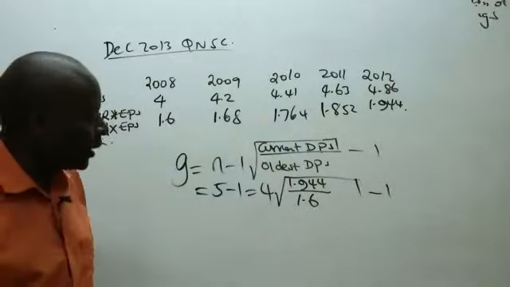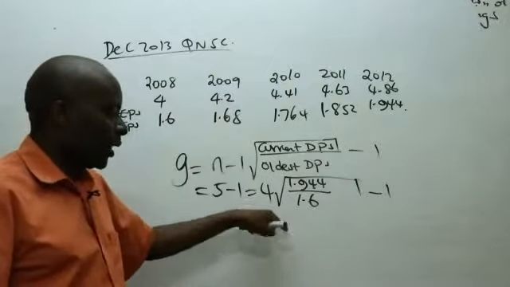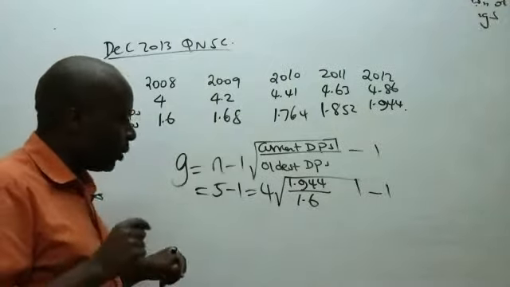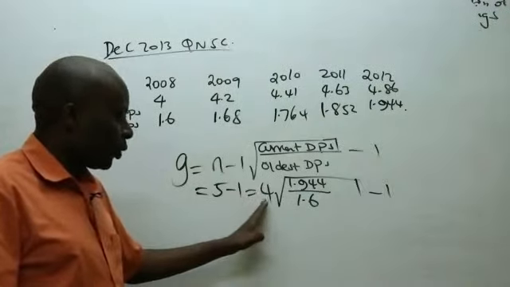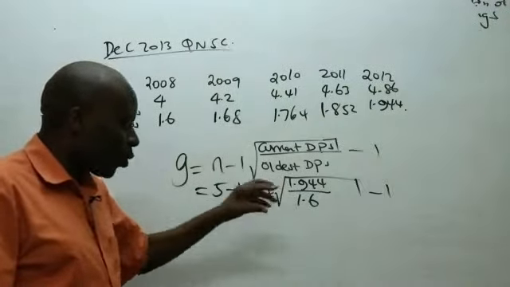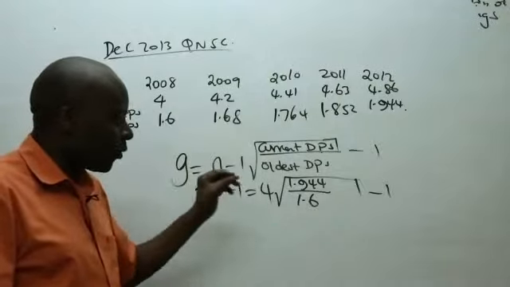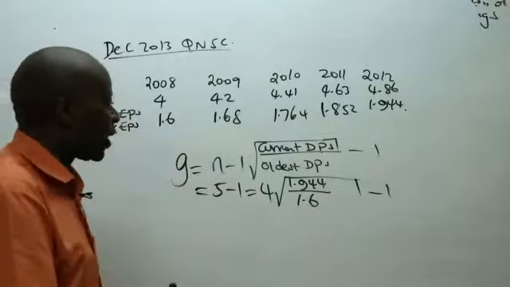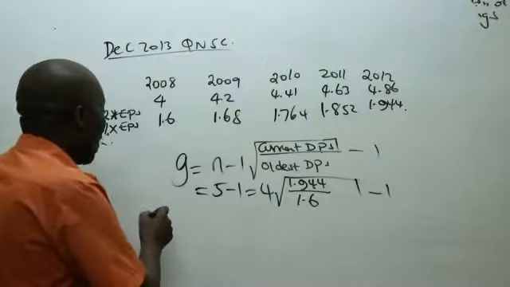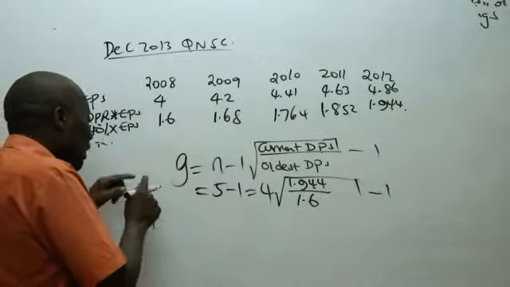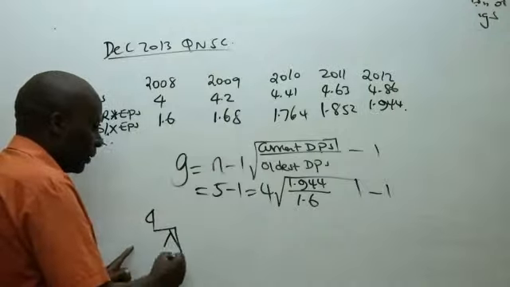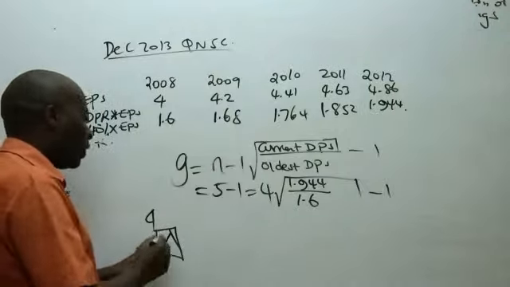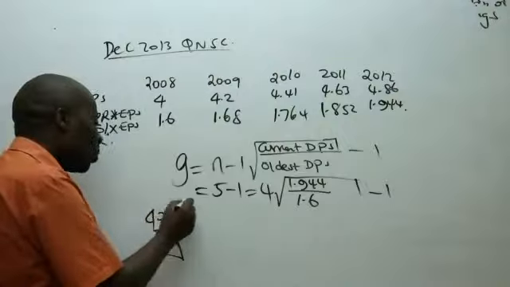Please come and find the fourth root of this quotient. I want to see whether there is anybody who will be able to get this correctly. First, get the quotient: 1.944 divided by 1.6. Once I get that answer, I press 4, and then I look for shift, because I want its x root.